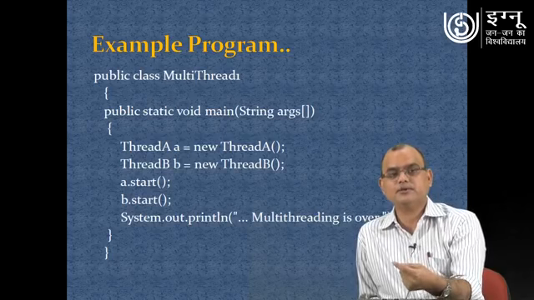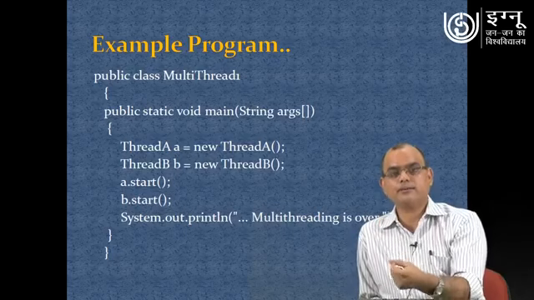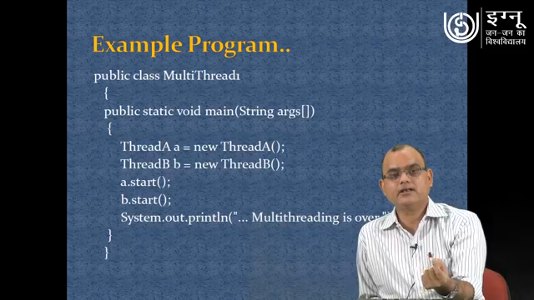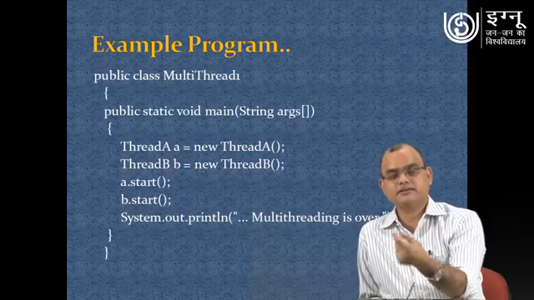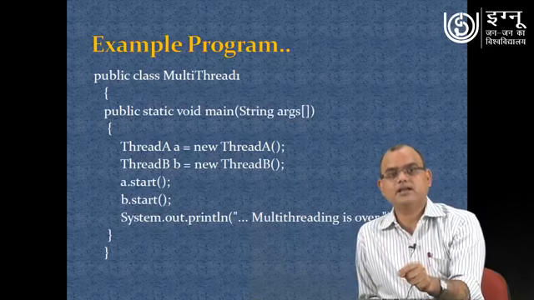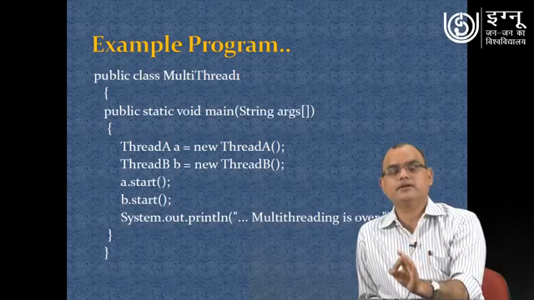Suppose the CPU is allocated to ThreadA, then whatever is written inside the run method of ThreadA will be executed. Similarly, if the CPU is allocated to ThreadB, whatever is written in the run method of the ThreadB class will be executed.